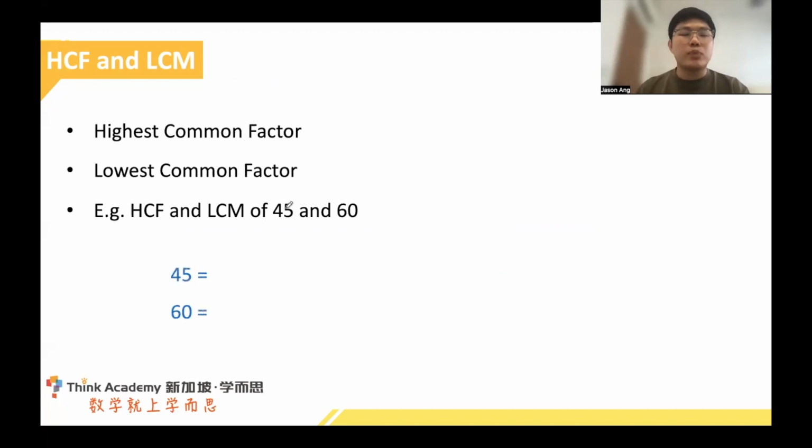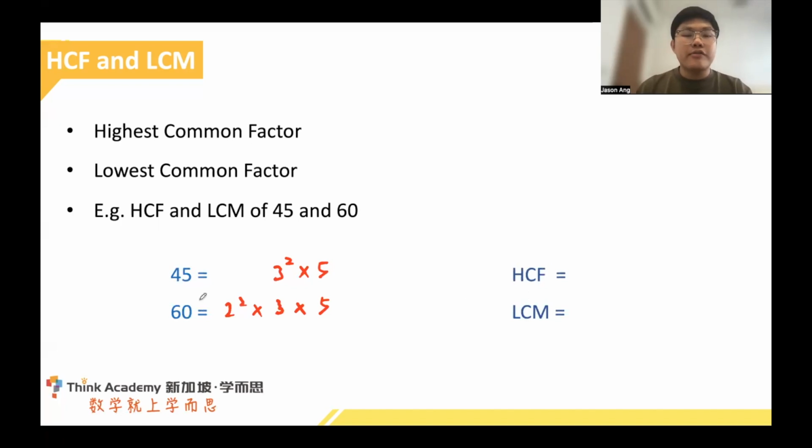One of the easiest ways is to use prime factorization first. For 45 and 60, we apply prime factorization, where 45 gives us 3 squared multiplied by 5. What about 60? We get 2 squared multiplied by 3 multiplied by 5. Once we have these two sets, we can find the highest common factor or lowest common multiple very easily.